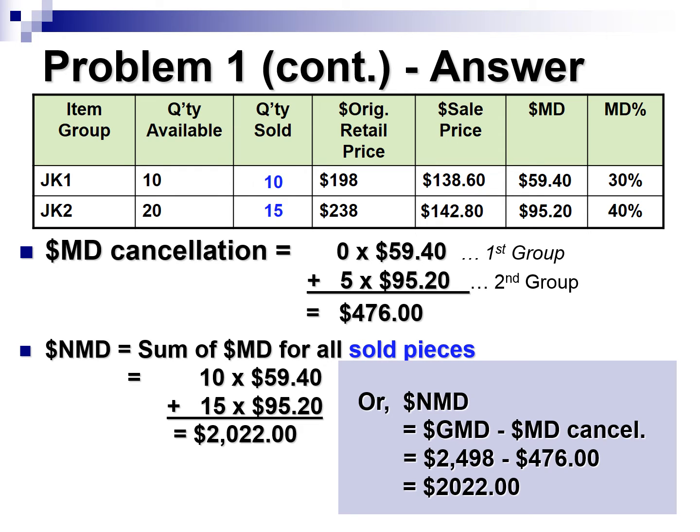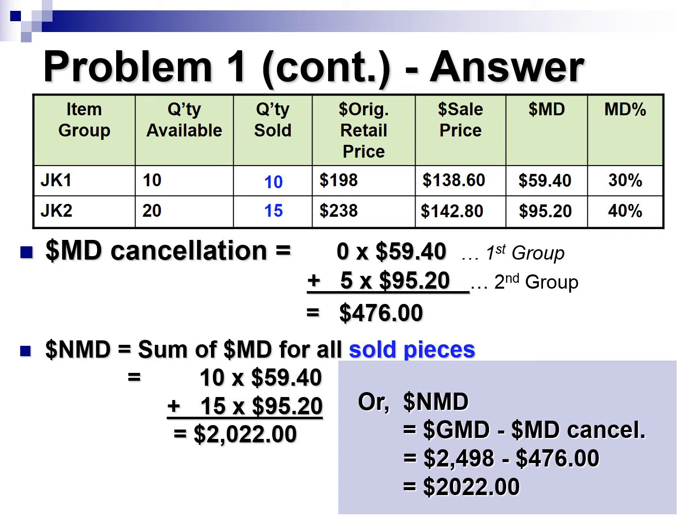But another way to think about net markdown is as the difference between the gross markdown and markdown cancellation. Since we already had a markdown cancellation of $476 calculated above, if we can just calculate gross markdown, we can also find the difference. We already had the calculated gross markdown in the previous problem, which was 2,498.